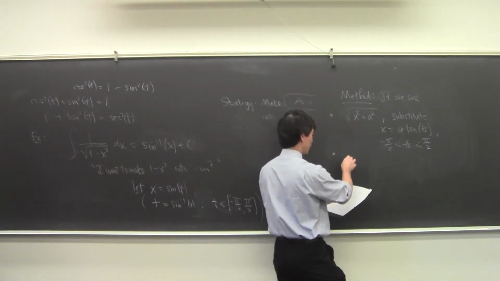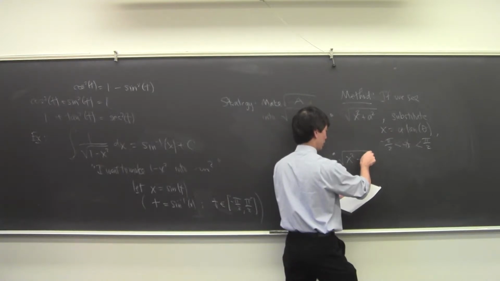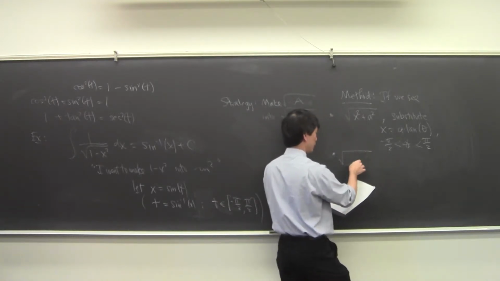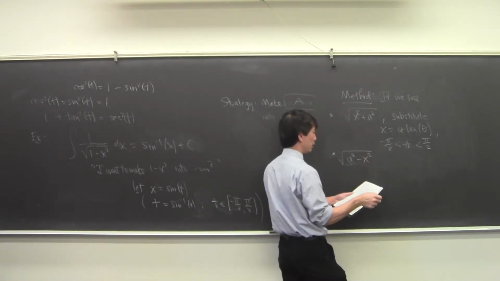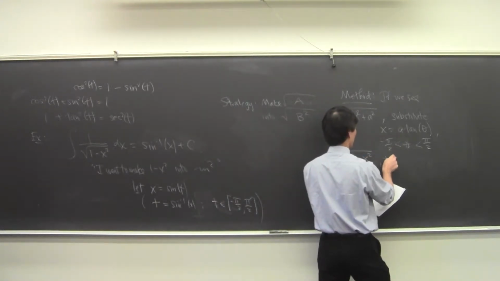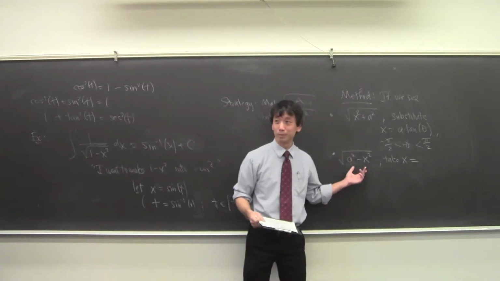If you see a squared minus x squared, you let x be what?